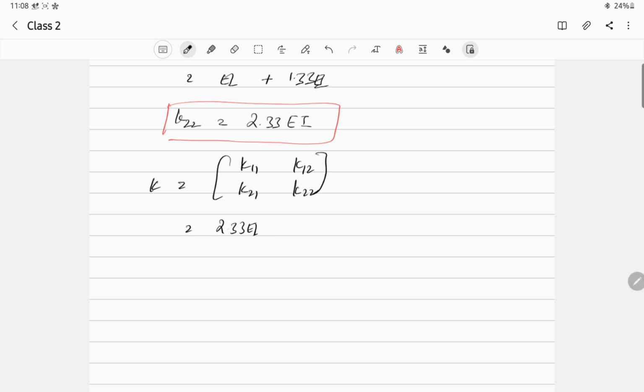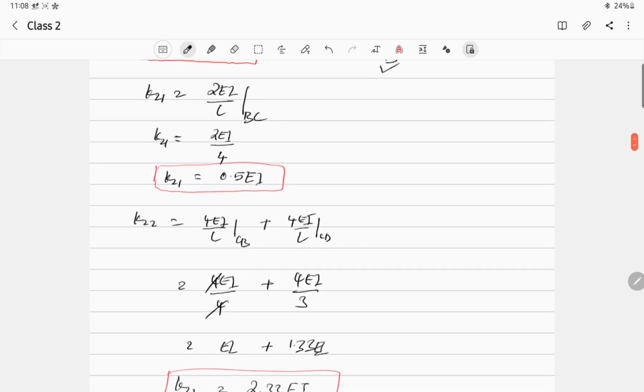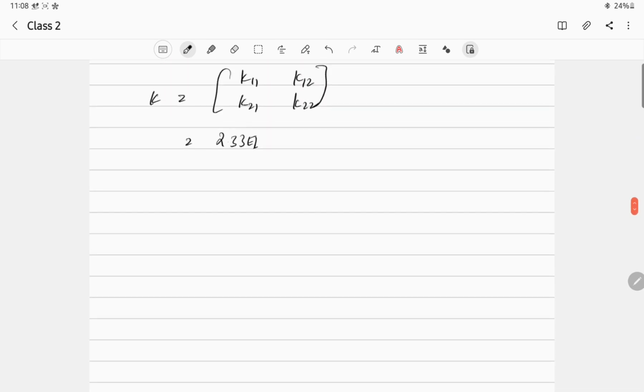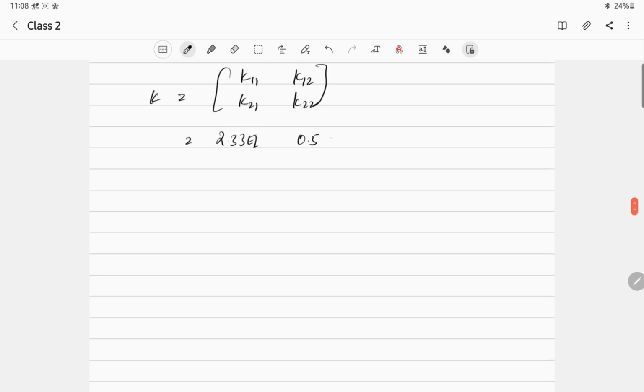K12 we got as 0.5 EI. K21 we got as 0.5 EI. Then here also we got 2.33 EI. This is our stiffness matrix K.